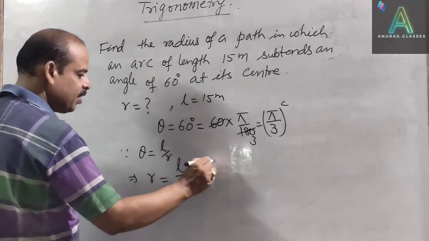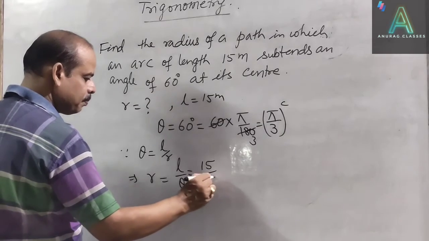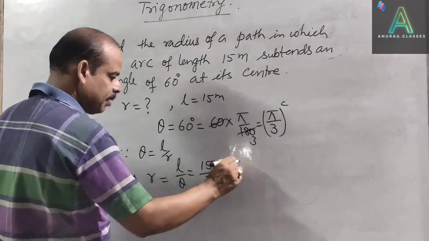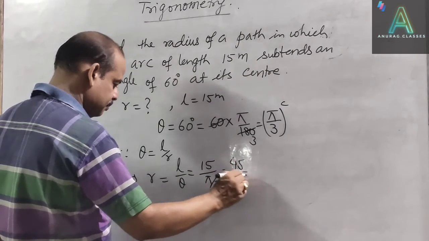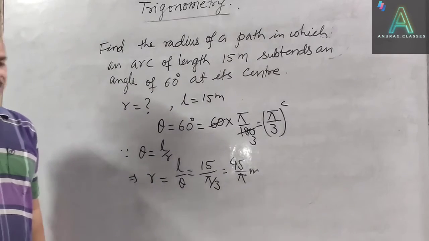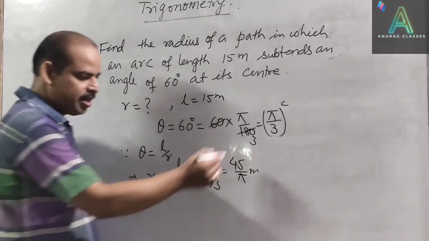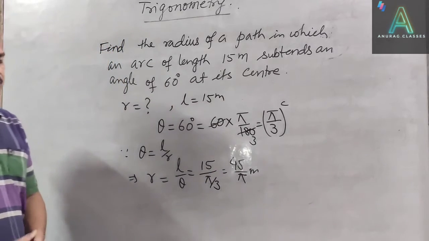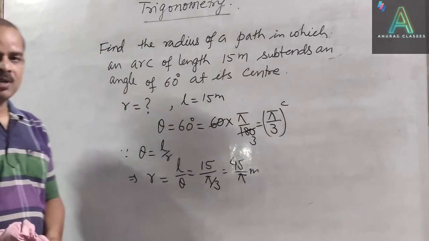So L is 15 and theta is pi by 3. It will be 45 by pi meter. So this is the length of that radius. You can convert it into decimal by putting the value of pi as 3.14. So you can do it by yourself.